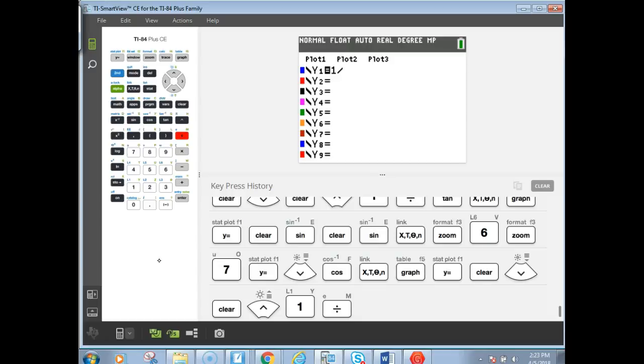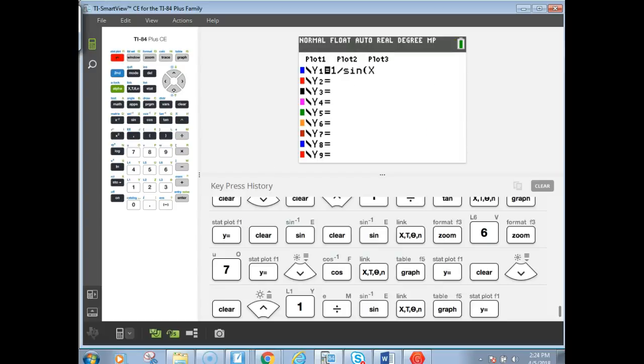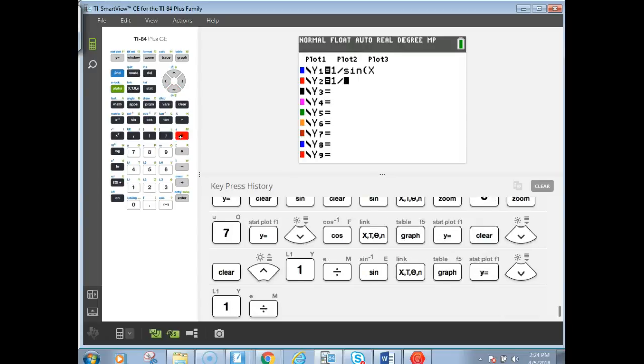The reciprocal of the sine. 1 divided by sine x. Give you that graph. And of course, if you want to do the secant, you do 1 divided by the cosine.